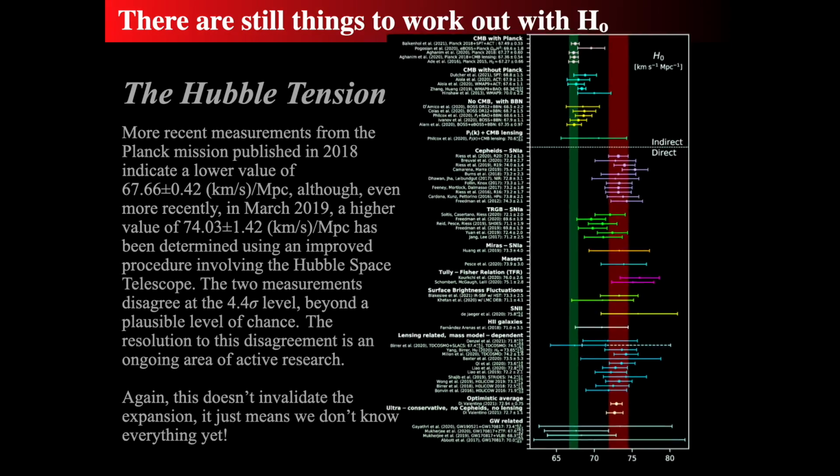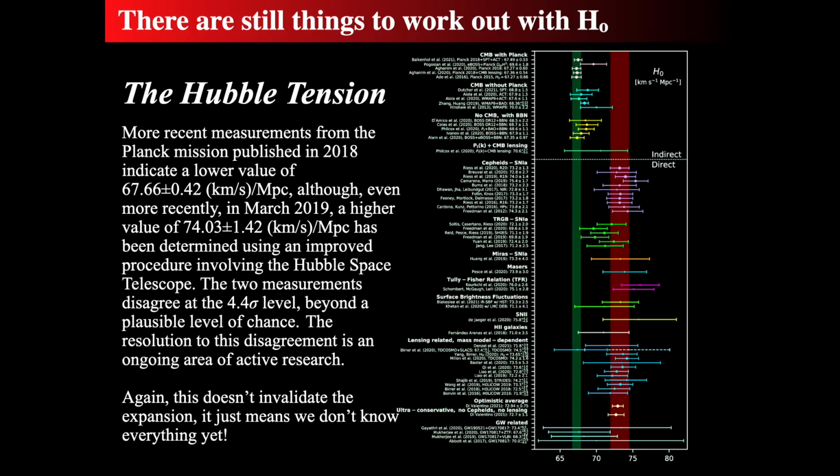All this means there's a lot to work out with the Hubble constant. The Hubble tension means that there are recent measurements that indicate it's roughly 68. I'll call it 67.6, we'll call it 68. And then higher values, roughly around 73 or 74, which I list the 74 one from March 18, but roughly around 73 is the average for the direct ones, as you can see from the red bar.